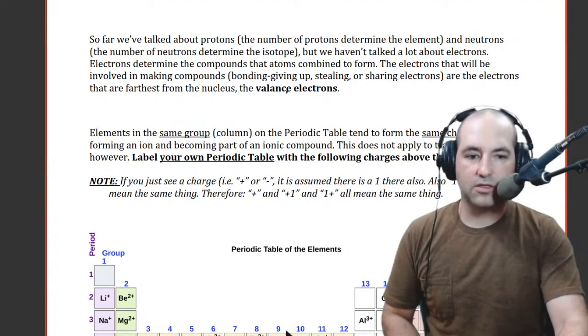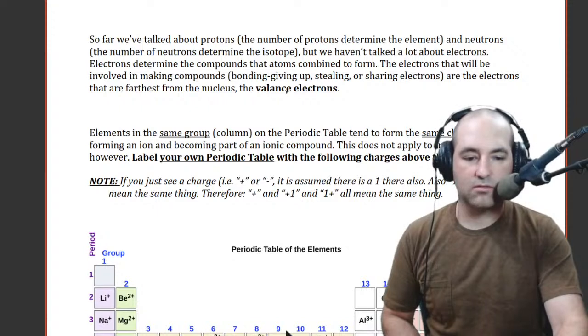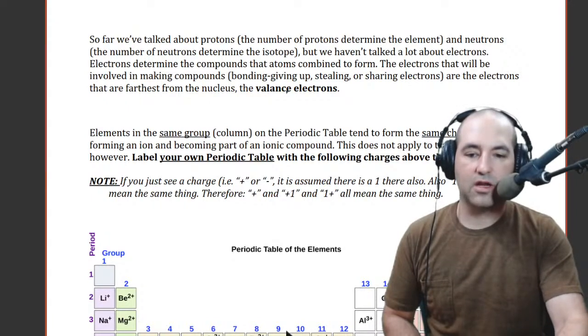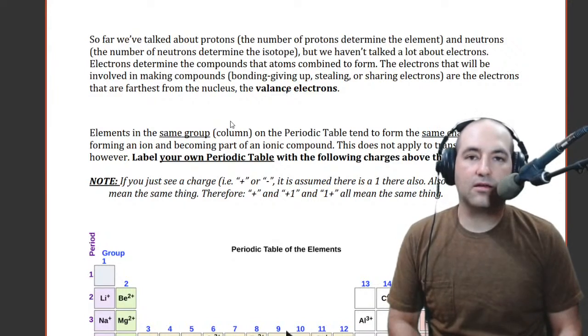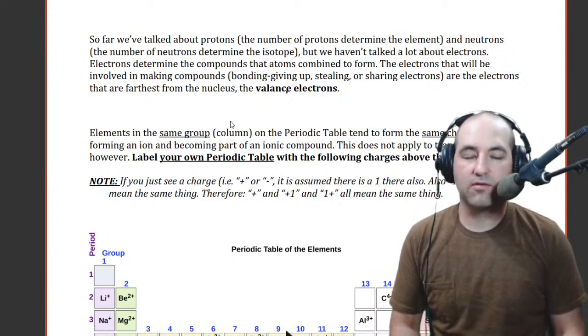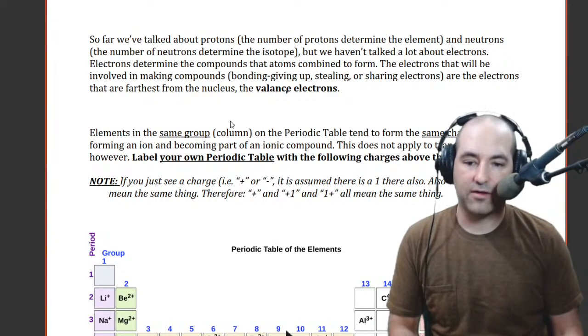So we talked about protons and neutrons. And we said that protons give us the type of element that it is, so that the actual type of atom is determined by the number of protons, which we call the atomic number. And the atomic mass, or the mass number, is given by the protons and the neutrons together.